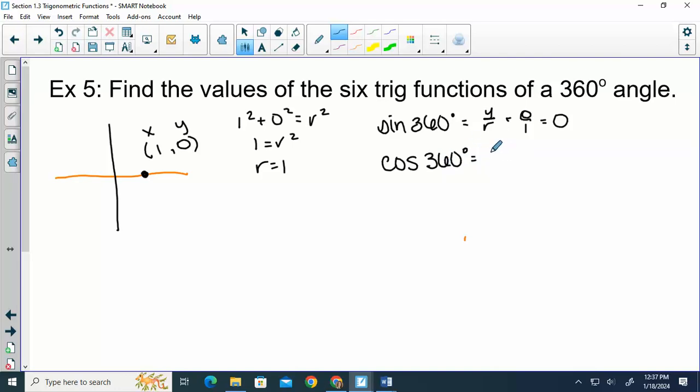What's the definition of cosine? x over r, 1 over 1 would be 1. Tangent would be 0.